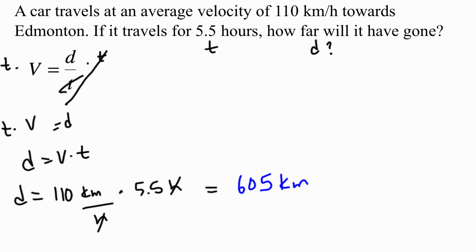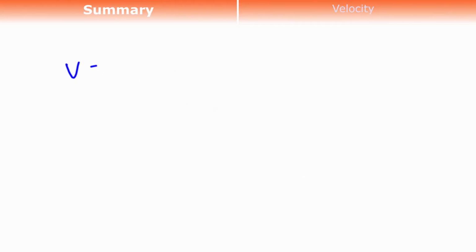Okay, so we've looked at the formula. Velocity is equal to distance over time, and we've seen that you can solve for any variable in this formula as long as you know the other two. There is some manipulation that you need to do, and if you're forgetting how to manipulate, you can go back to one of the earlier videos and that'll help you out with that. Okay.